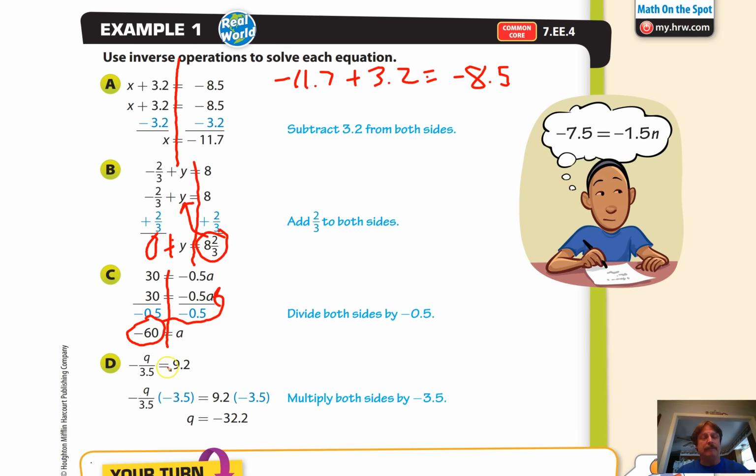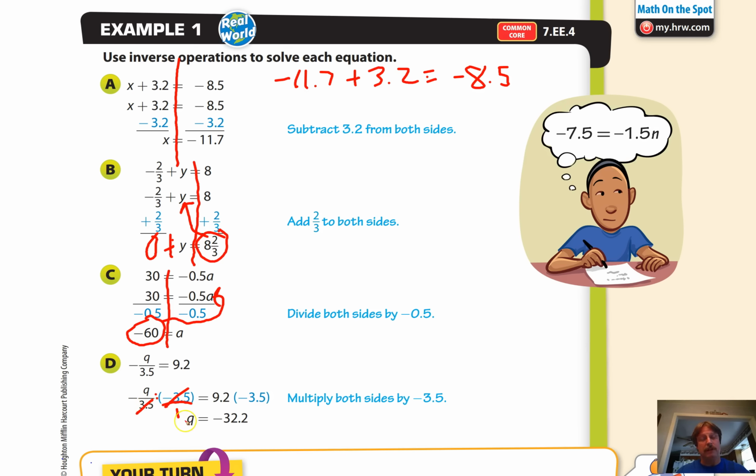And then one last example that they show is using division. Q is divided by negative 3.5, and they're saying it equals 9.2. So the opposite of division is multiplication. So you're going to multiply by negative 3.5 over 1, because then the negative 3.5 and the 3.5 cancel out.